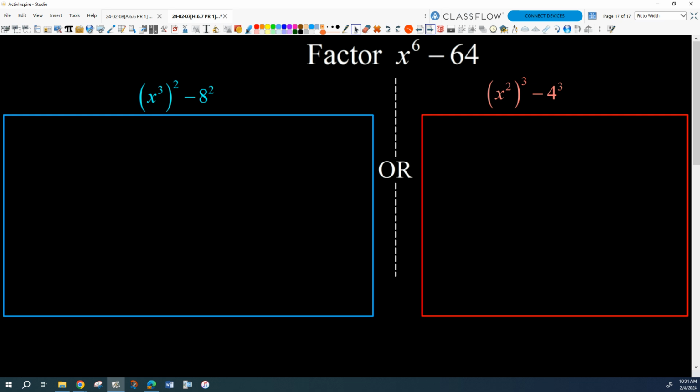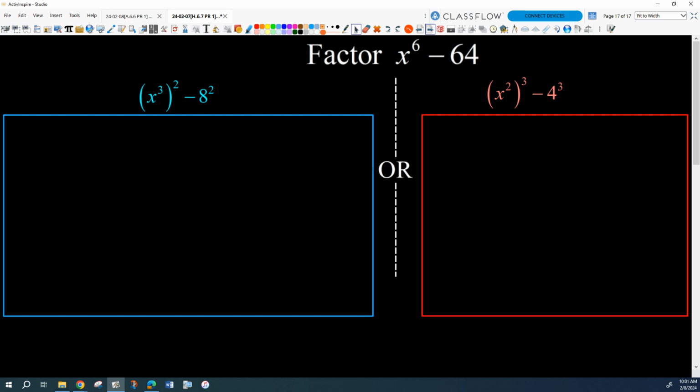I could also, it turns out that x to the 6th and 64 are also perfect cubes. What cube is x to the 6th? x squared. And what cubed is 64? 4, right? So does it matter? Probably going to end up at the same place.